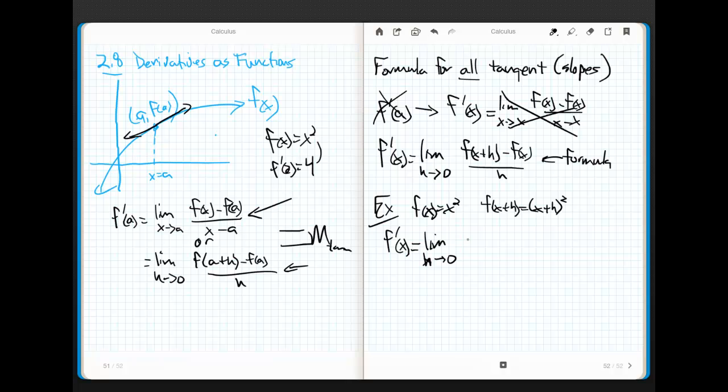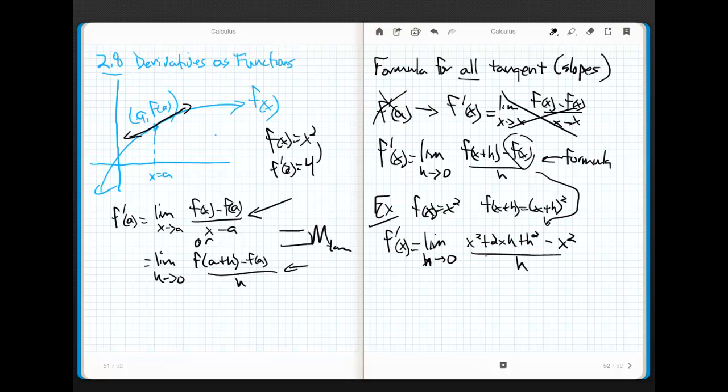Makes sense. So when I multiply this out, I end up with x squared plus 2xh plus h squared. Then I have to plug in my minus f of x right here, so minus x squared all over h.